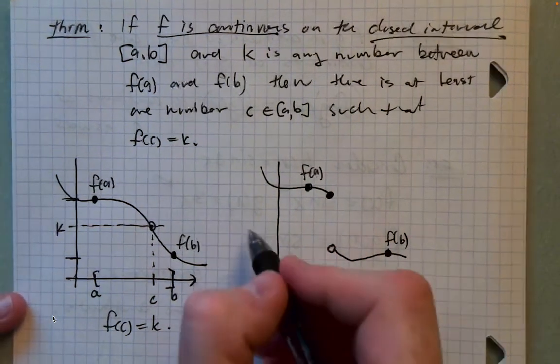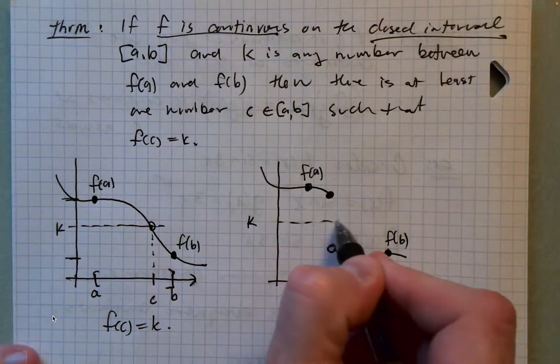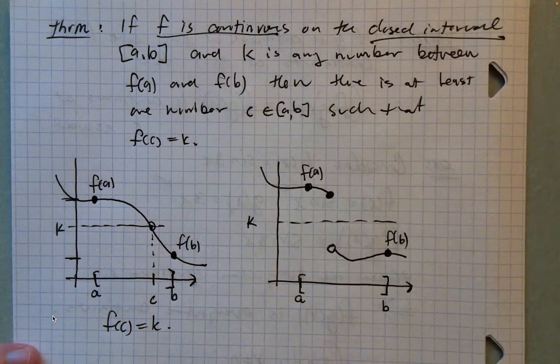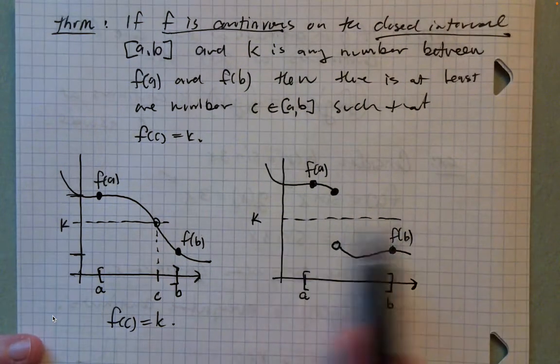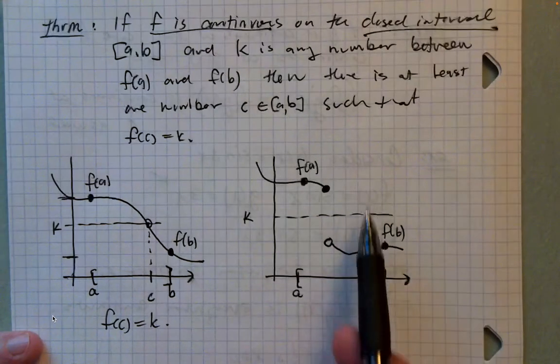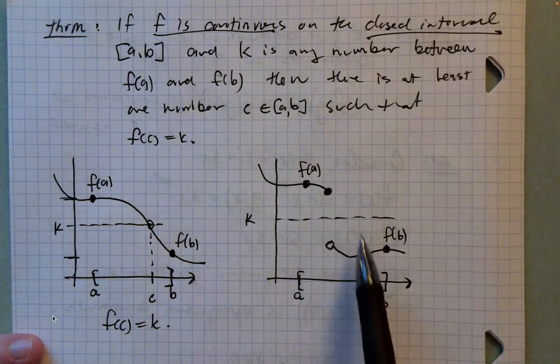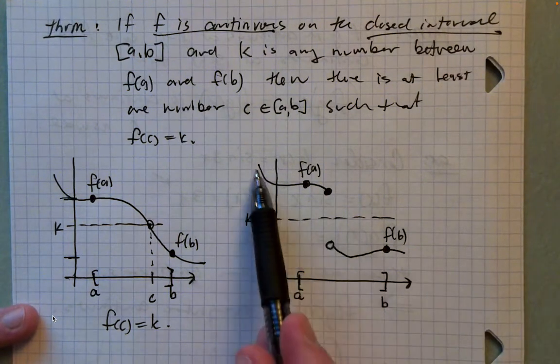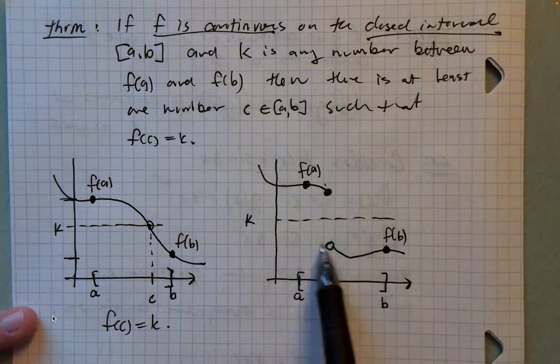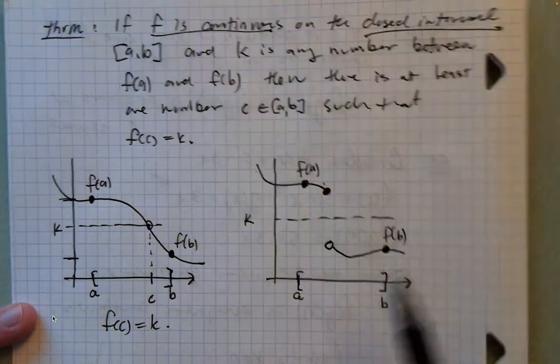Now again, if I can find a k in here, for this k, there is no value c between a and b such that f of c is equal to k. The function starts above k, and then at this gap, it jumps down to below k.